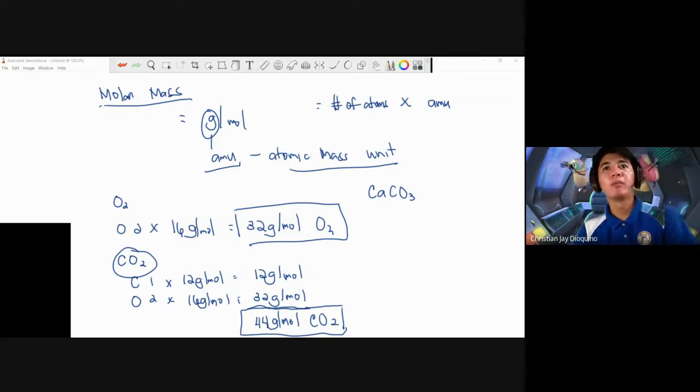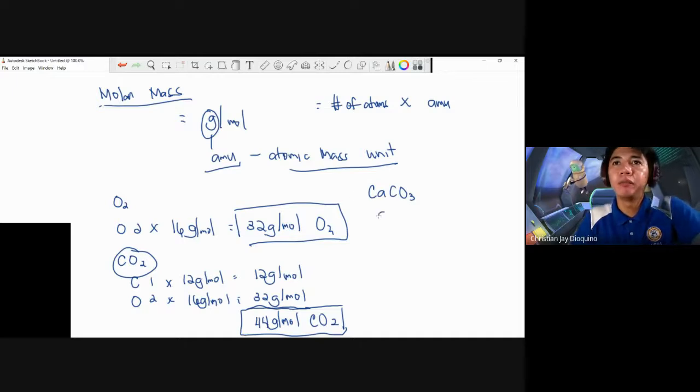Volunteer. So meron tayo ditong calcium 1, carbon 1, oxygen 3. Then kuhanin natin yung mga AMUs nila.